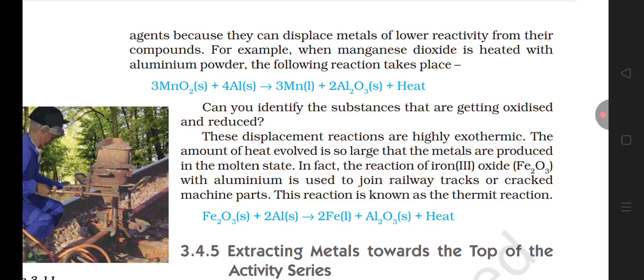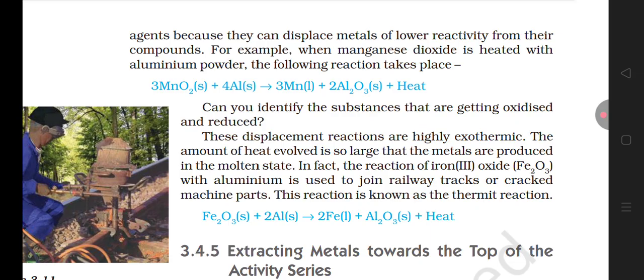These displacement reactions are highly exothermic, and the amount of heat involved is so large that the metals are produced in the molten state. In fact, the reaction of iron(III) oxide, Fe2O3, with aluminum is used to join railway tracks and cracked machine parts.